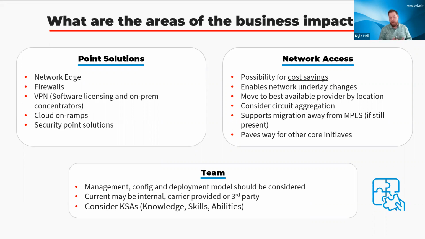It does pave the way for other core initiatives, looking at things around edge compute, using 5G as a truly viable access. In most places that isn't really there yet. We don't advise clients on that as a primary, but that is coming, for sure. I think that's generally held as common knowledge. So you end up in a lot of considerations there.